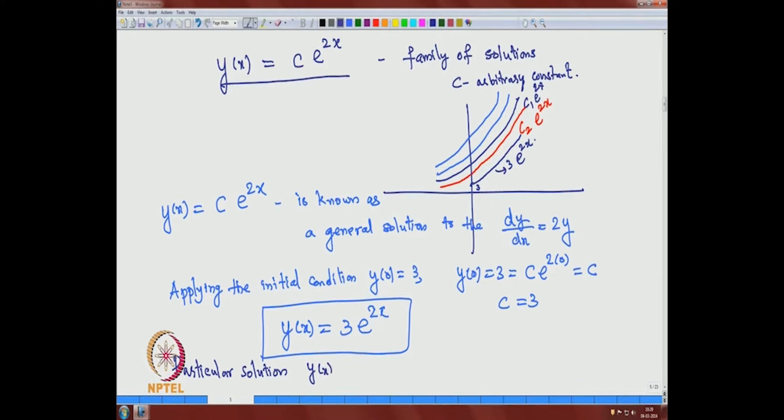So, y of x is equal to 3 e to the power 2x is a particular solution, and similarly y of x is equal to 5 e to the power 2x. They are all particular solutions, obtained by putting various values: initially c is equal to 3, and in the second case c is equal to 5. So, a particular solution is obtained by giving a particular value to the constant in the general solution.